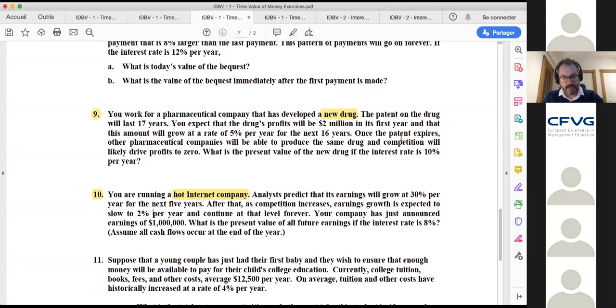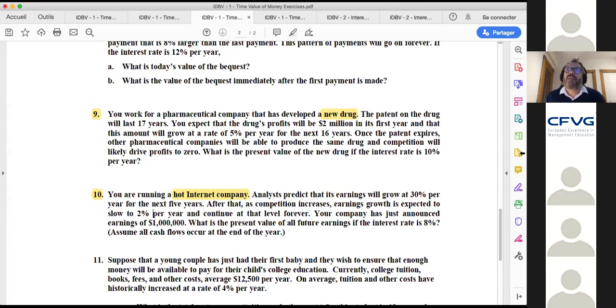And then secondly, we have a growing perpetuity from year 6 to infinity with G equal to 2%. So you need to do two separate calculations.